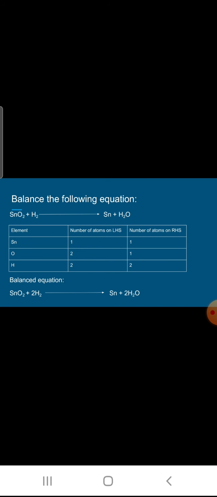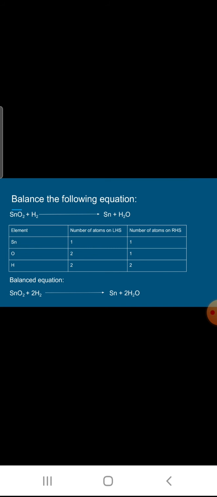Next step, make a table. Write element's name, write number of atoms on LHS side, that is reactant. Next, number of atoms on RHS, product. So write element.